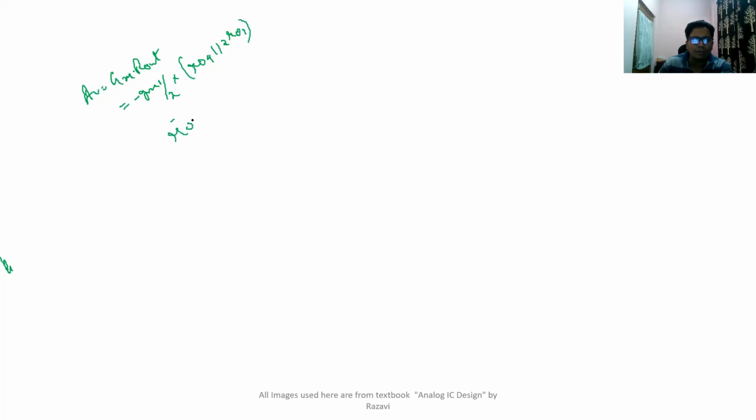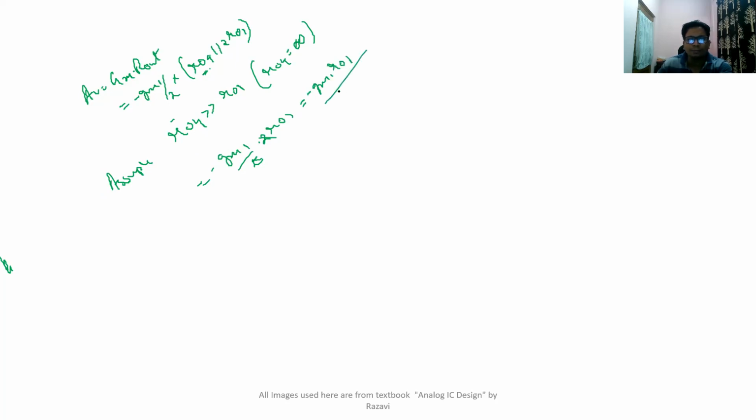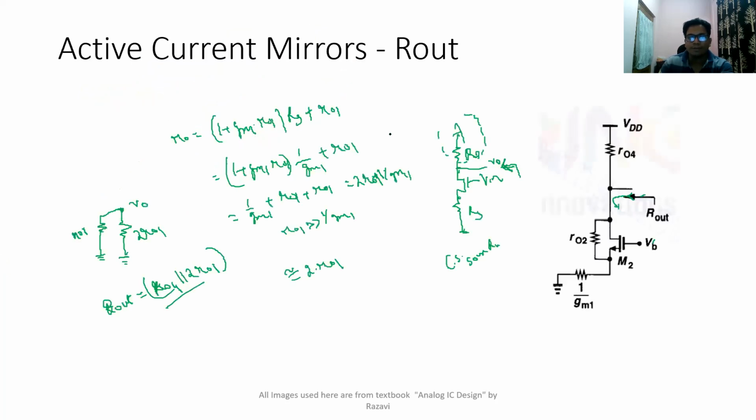If RO4 is very much larger than RO1, that is, RO4 is almost infinity, just an assumption, then the 2 gets cancelled and you will get minus gm1 RO1. So this is the gain of the circuit which we have seen here.